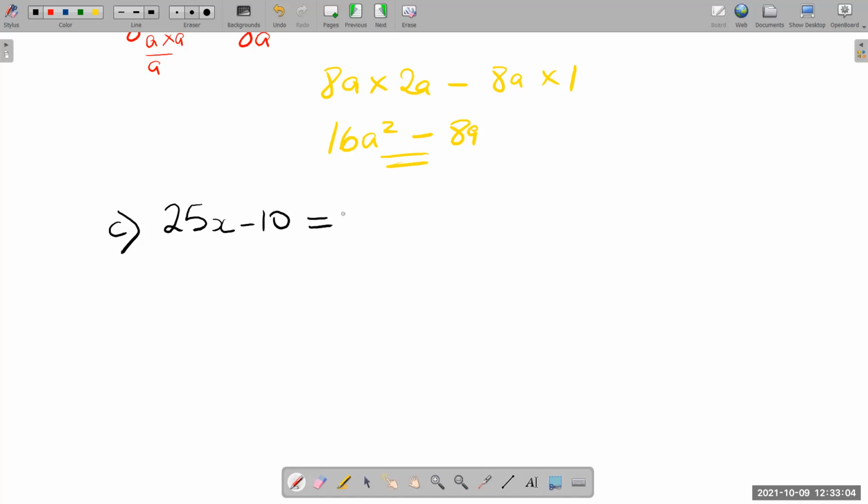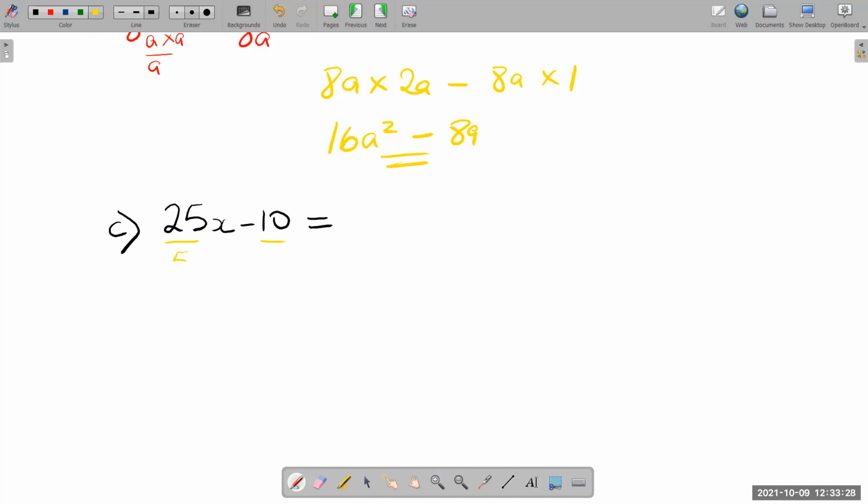So let's take a look here. We have 25x minus 10. So both of them don't have the common variable. So our focus is simply going to be on our coefficient. So we need to find out what number is common between 25 and 10. The only number that comes to mind should be 5.